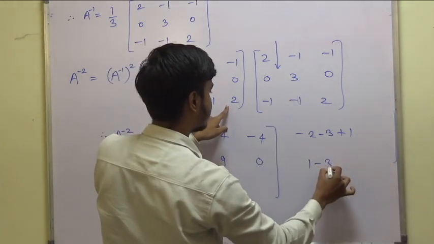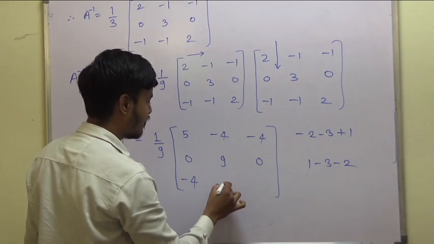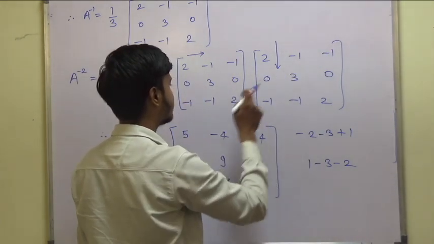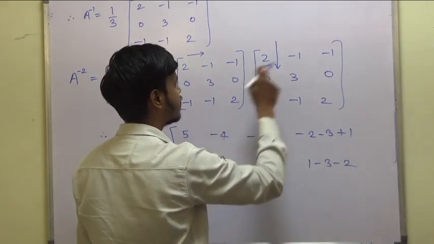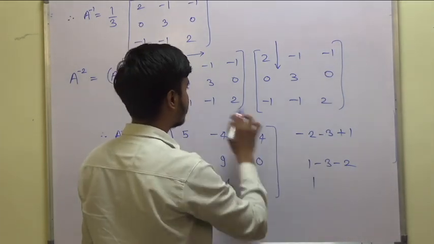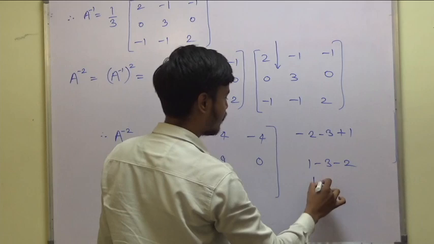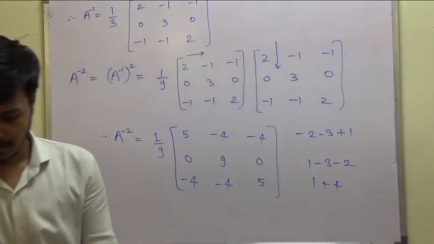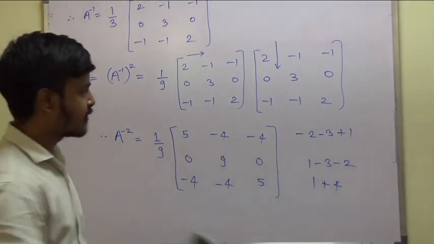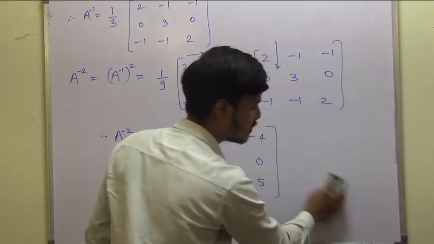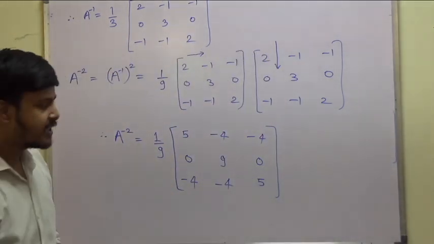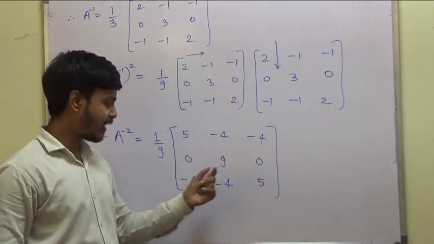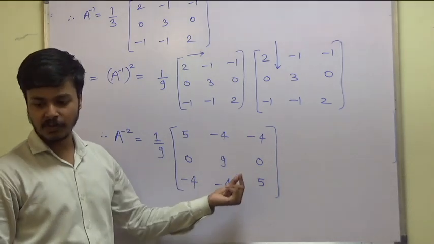Again minus 4, and then minus 1 into minus 1, sorry, minus 1 into minus 1 plus 1, then 0 and 4. So I am getting this. Okay. So what is A power minus 2? A power minus 2 is 5 minus 4 minus 4, 0, 9, 0 and minus 4 minus 4, 5.